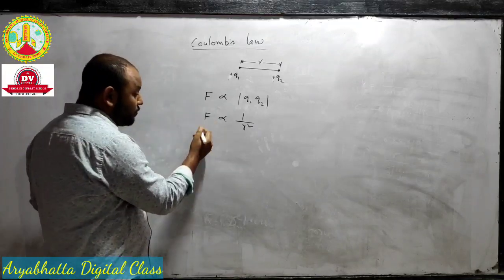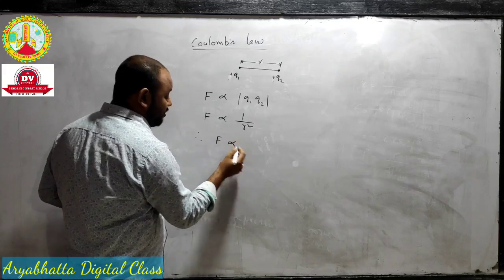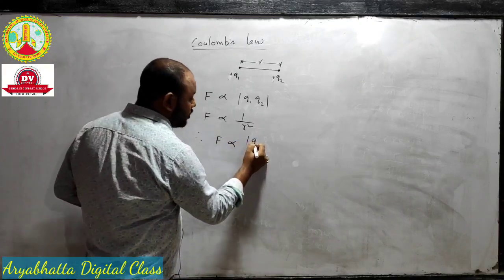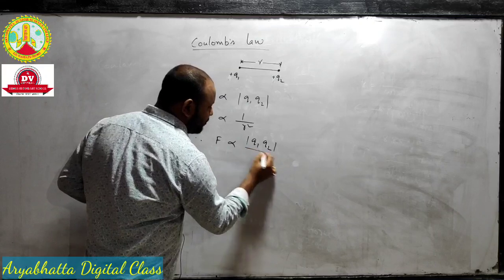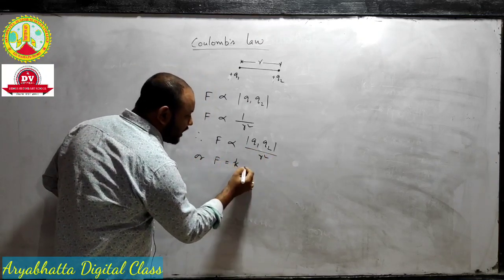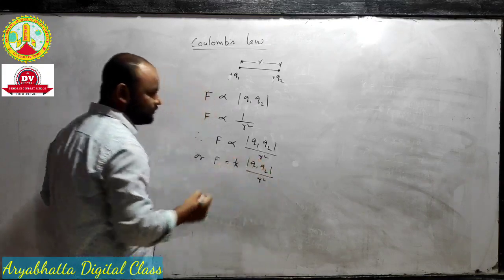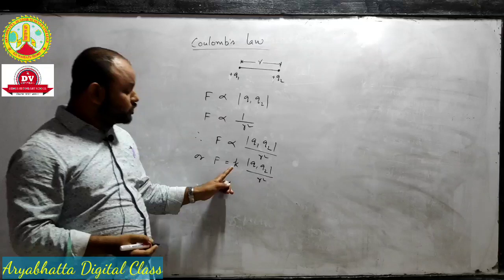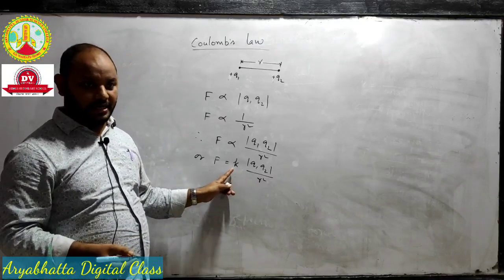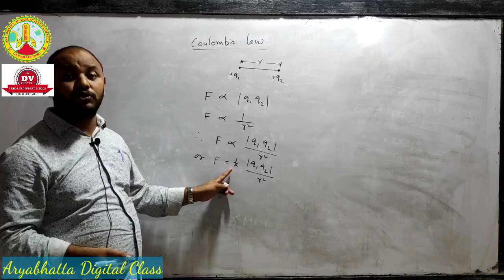Combining these two terms, F is directly proportional to Q1 Q2 divided by R square, or F is equal to K Q1 Q2 by R square. This proportionality constant is also known as the electrostatic force constant.